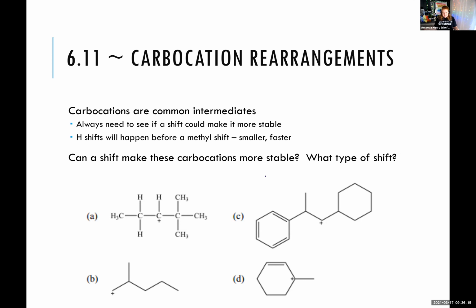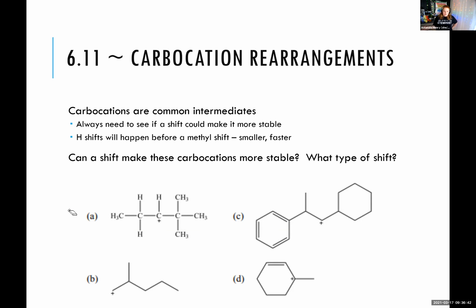But a lot of times, especially in later chapters, when we look at a structure, we have to decide, is this going to go through a carbocation rearrangement? What type? And then we can do that rearrangement, and then normally that means we're moving on to the rest of the mechanism. So here's what we're going to be looking for to make that decision.